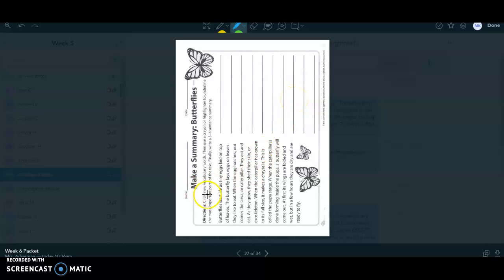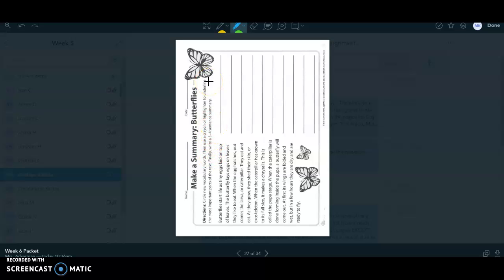They also want you to circle new vocabulary words that maybe you didn't know before, words that they tell you the meanings of. And then use a crayon or a highlighter to underline the most important parts of the text. Then write a 3 to 4 sentence summary.